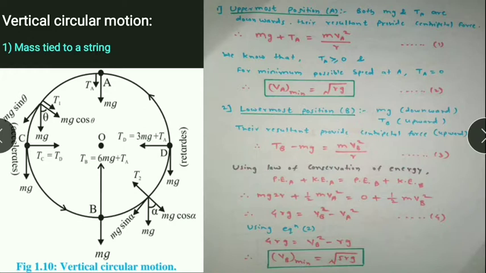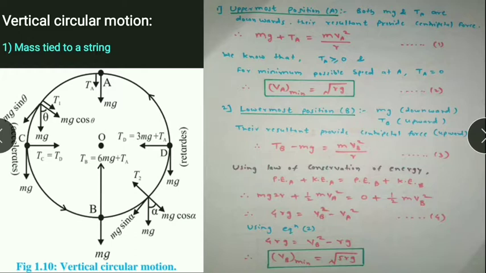Therefore, mg 2r plus half m Va square is equal to 0 plus half m Vb square. Here m gets cancelled and we get 4rg is equal to Vb square minus Va square. Call it equation number 4.